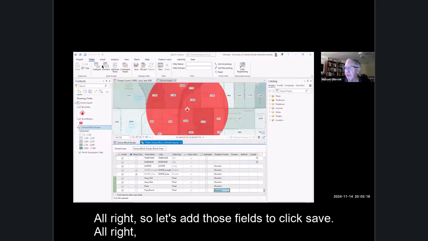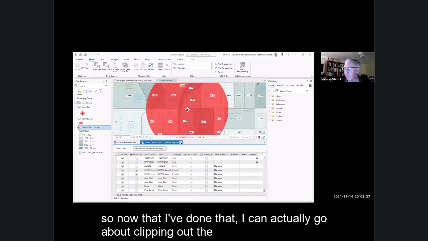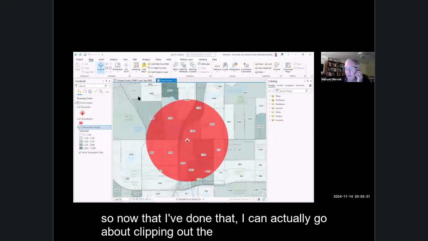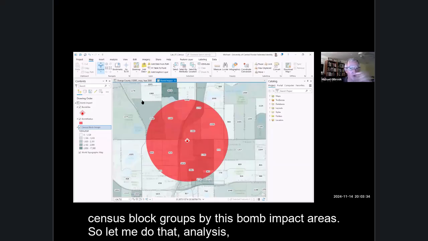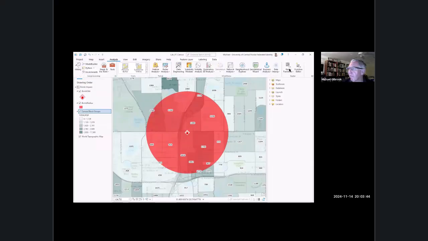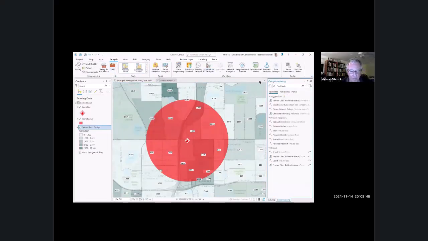All right, so let's add those fields and click Save. Now that I've done that, I can go about clipping the census block groups by this bomb impact area. So let me do that. Analysis, Tools, Clip.